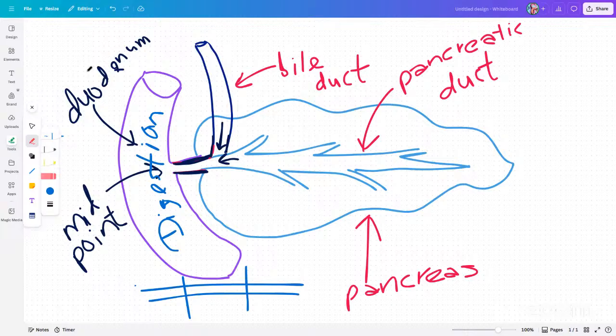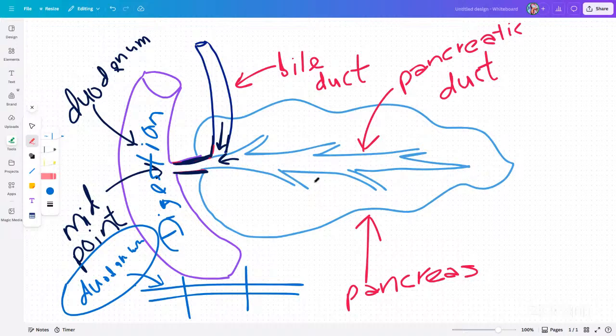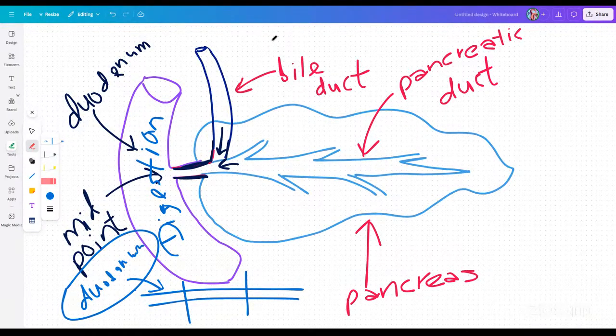There are three parts, and the first part is the duodenum, which is where digestion takes place. Okay, is that clear? Any doubts in here? Any doubt?